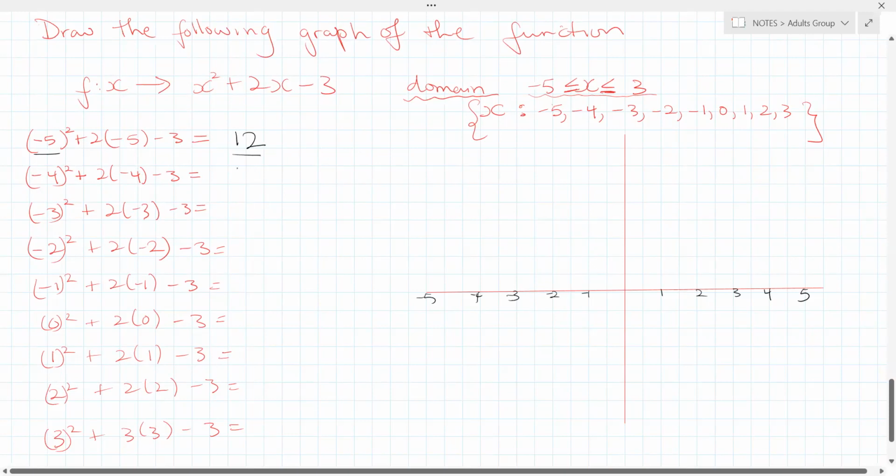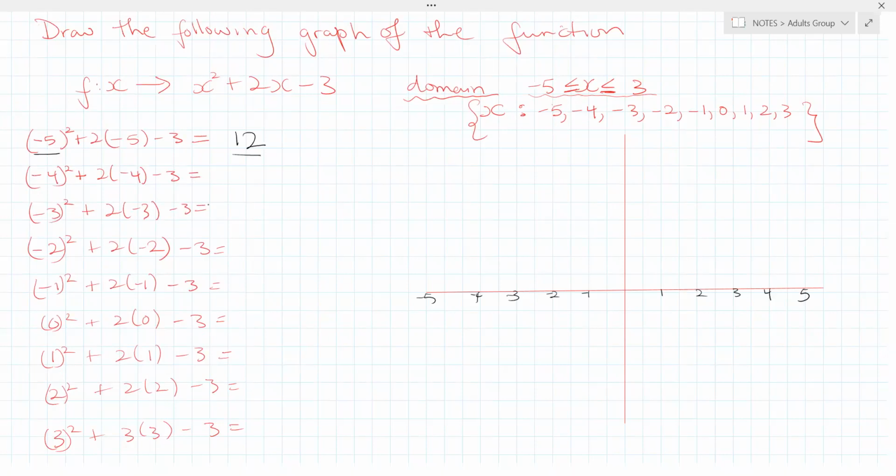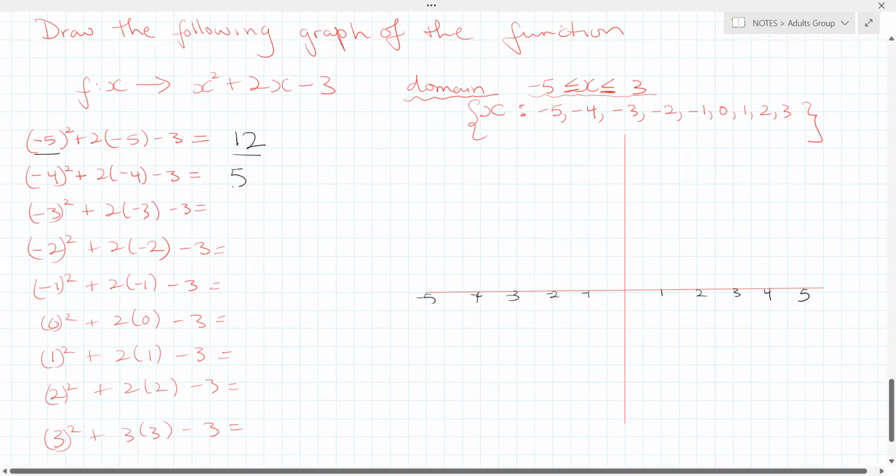What's the answer for the second one? 5. Someone else, what's the answer for the third one?